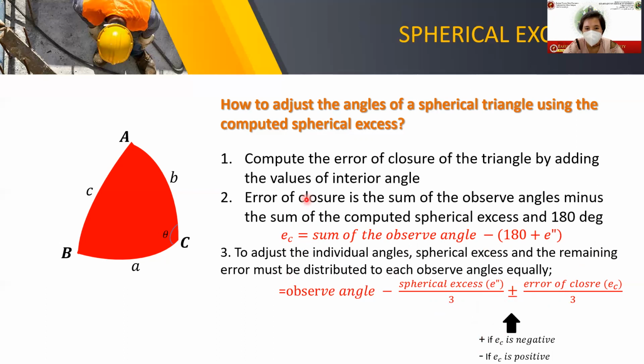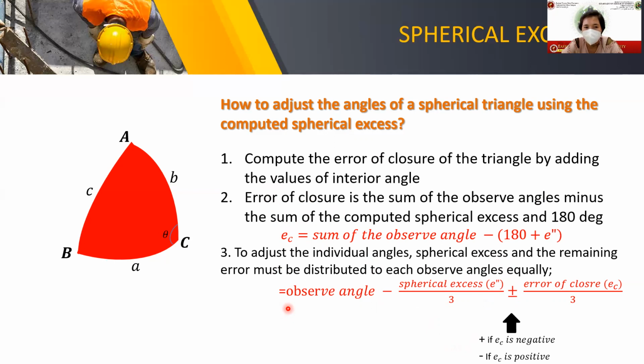Again, if the error of closure here is negative, then you need to add this value here. Now you can compute the adjusted value of your spherical triangle.